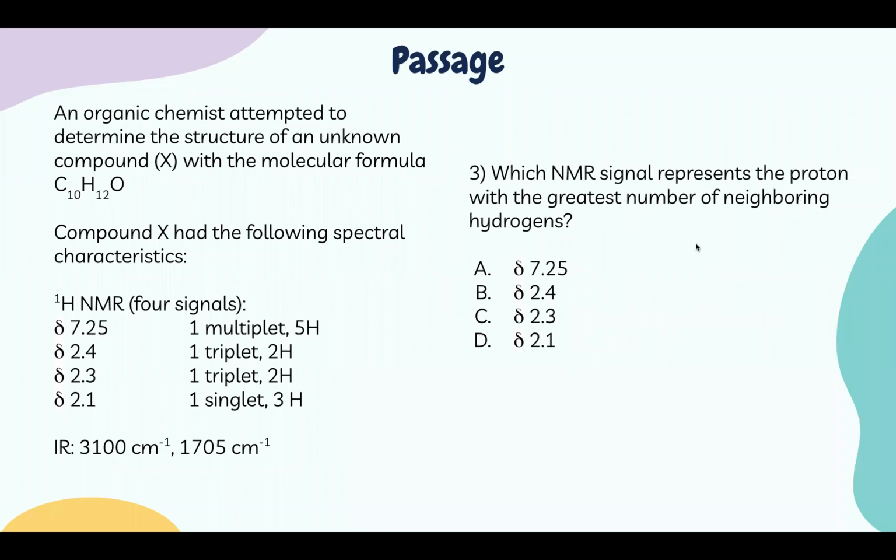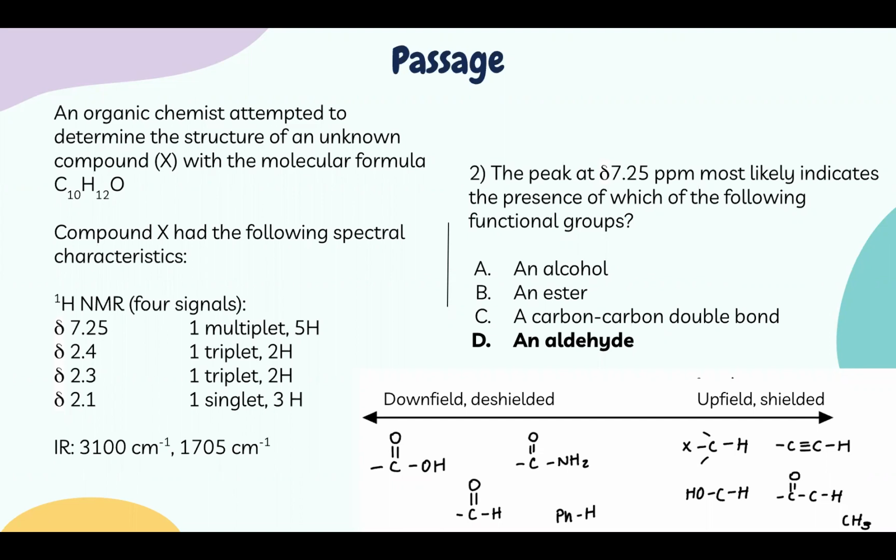Do you guys have any questions about that? I thought aldehyde would be pretty, although it's not as much as the carboxylic acid. I think aldehyde is also very close to the downfield, which I think is close to 9 or 10.